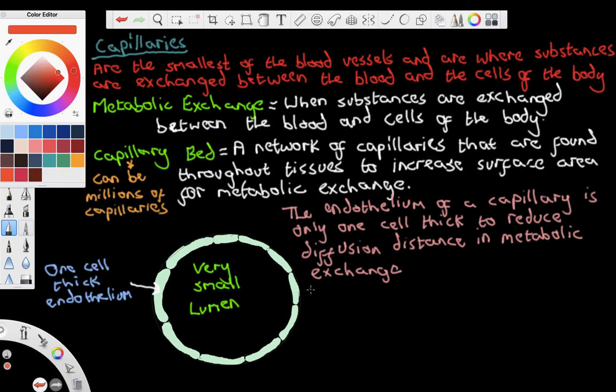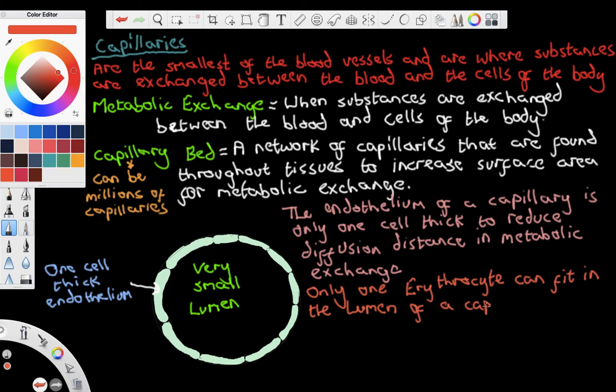So we can say only one erythrocyte can fit in the lumen of a capillary at a time, which increases metabolic exchange.